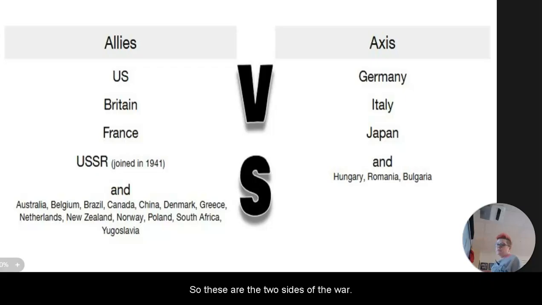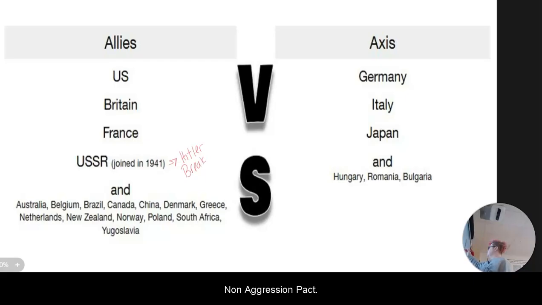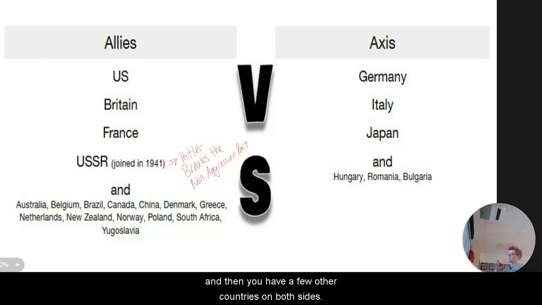So these are the two sides of the war. You have the Allies, the United States, Britain, and France. The USSR is going to join in 1941 when Hitler breaks the non-aggression pact. And then you have the Axis, Germany, Italy, Japan, and a few other countries on both sides.